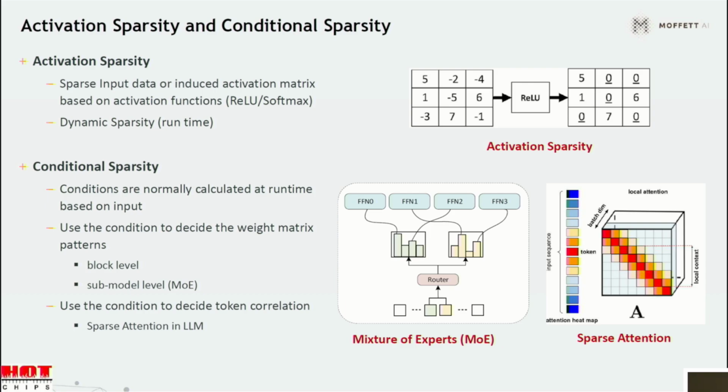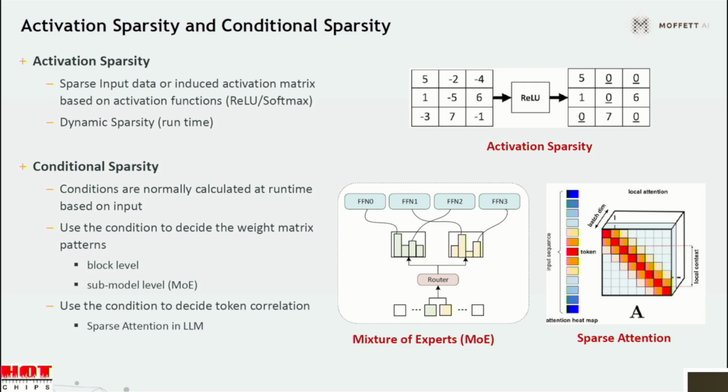And also there's conditional sparsity, as I mentioned before. The conditions are calculated at runtime based on the input, and those conditions are used to decide which part of the network to activate. This is the very famous MoE, mixture of experts, network for scaling large language models. They are using conditional sparsity.